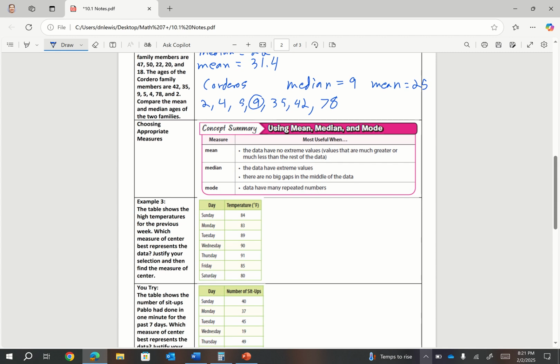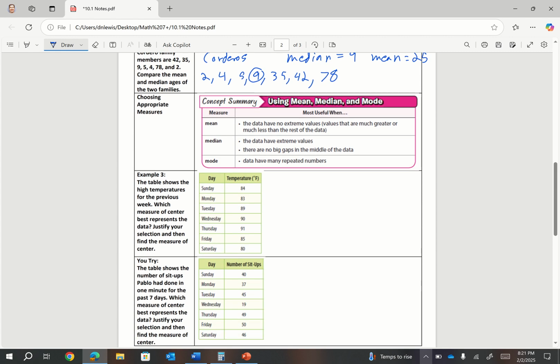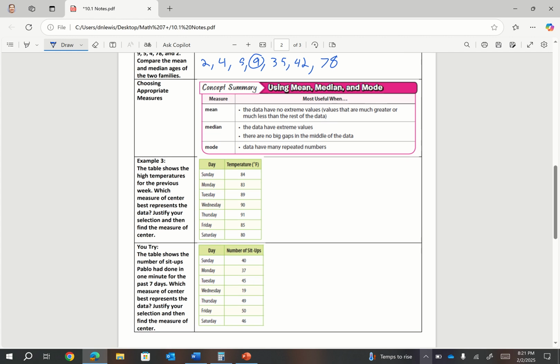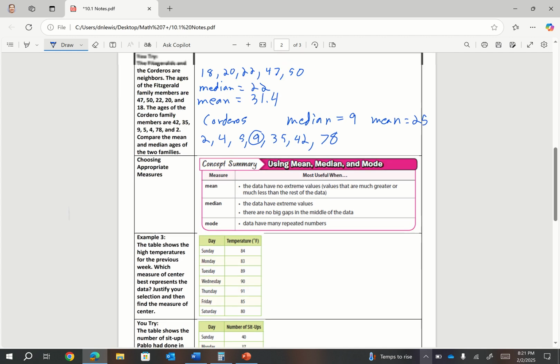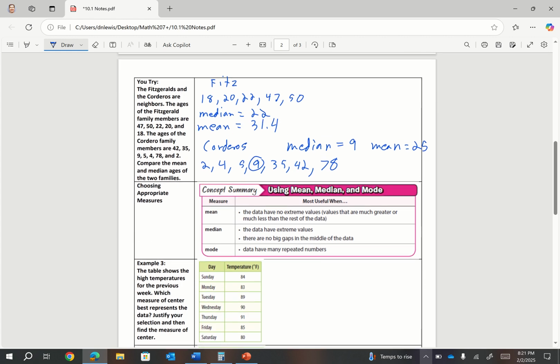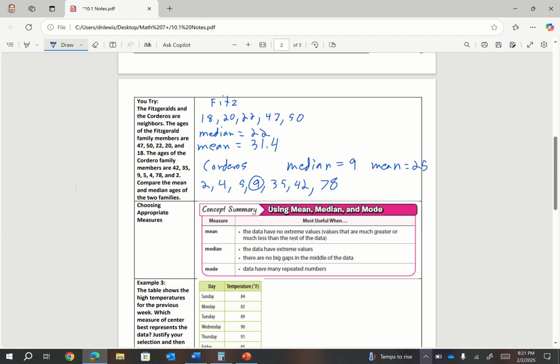Okay, using mean, median, and mode, choosing appropriate measures of center. Just like up here, I decided that the median represented that data better than the mean did when I was comparing the Fitzgeralds versus the Corderos. The median showed what we can see, that the Corderos have younger children.